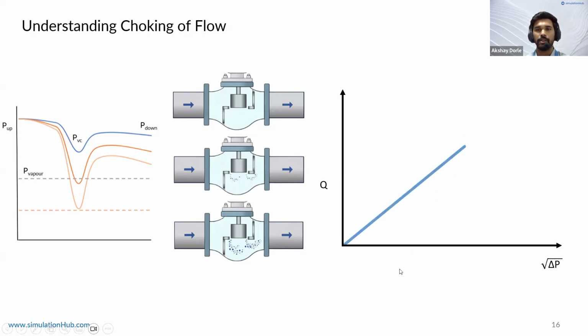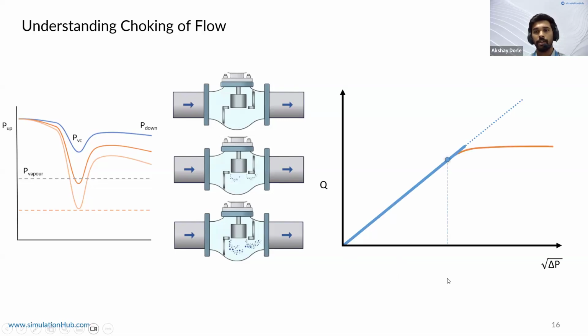And what we would observe is up to a certain point, meaning from non-cavitating to just cavitating flow, the linear relationship between flow rate and square root of pressure drop is followed. Ideally, it would just keep going, but as we have seen, that wouldn't take place.